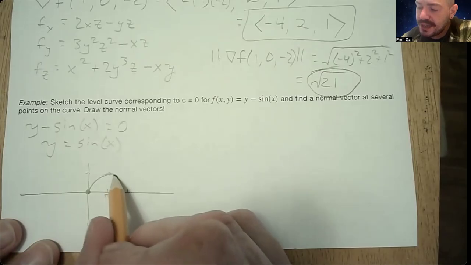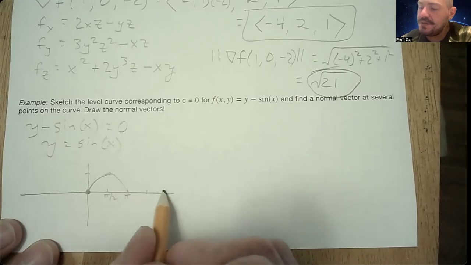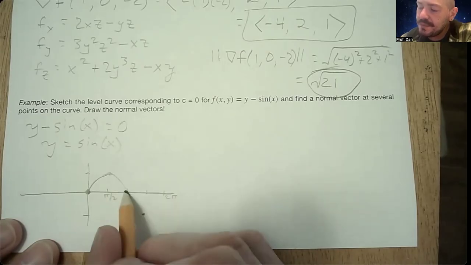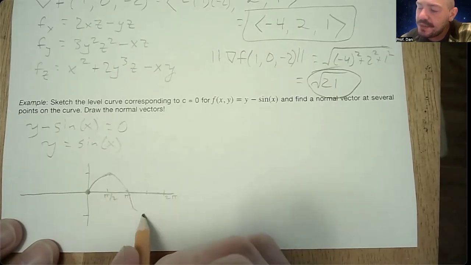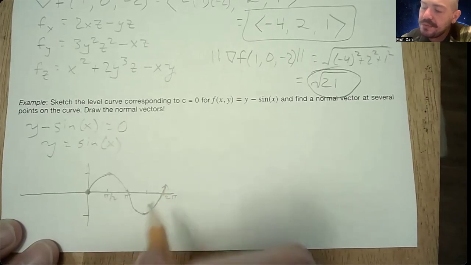At pi, we come back to the x-axis. At 3 pi over 2, we're down at the minimum value of -1. Remember, we want a smooth curve, not pointy vampire teeth. And then at 2 pi, we're starting over again.